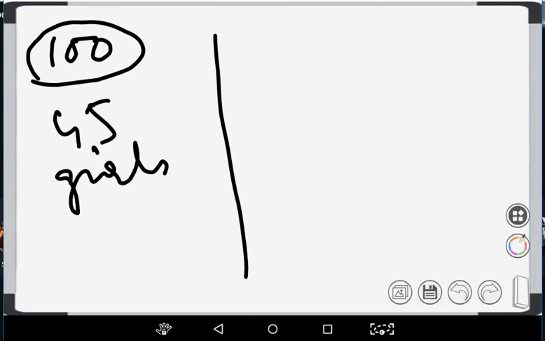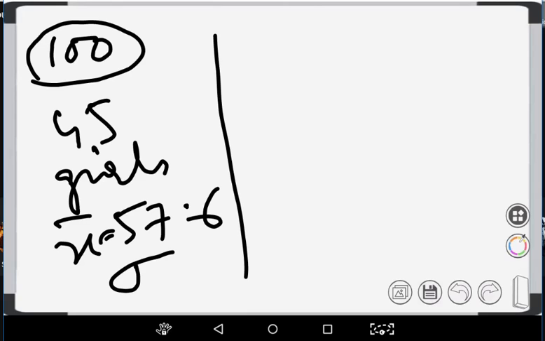The average marks of the girls in mathematics is 57.6, and the standard deviation is 10.58. I've written. Can you see?